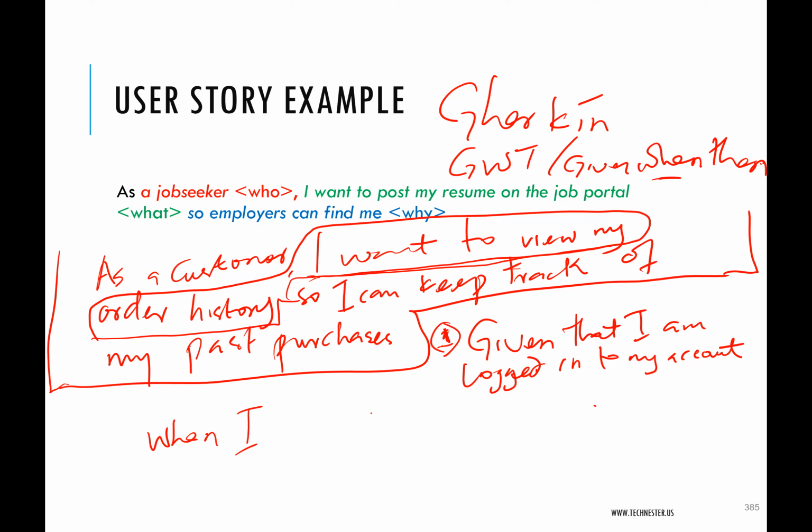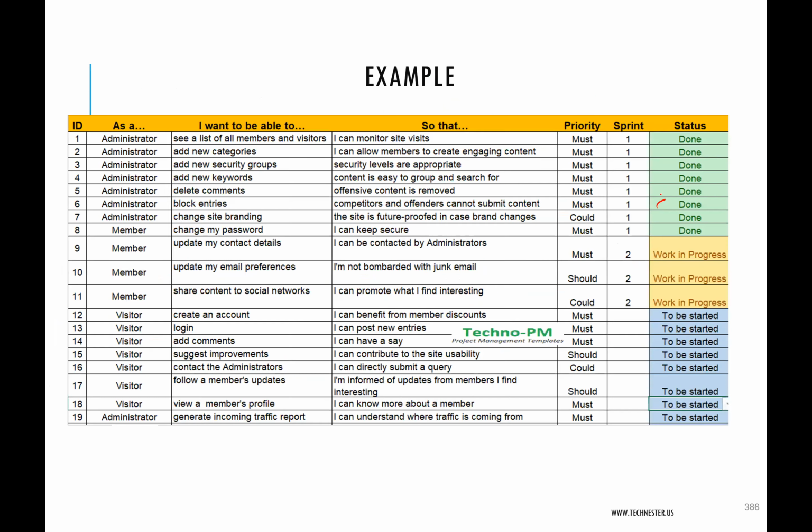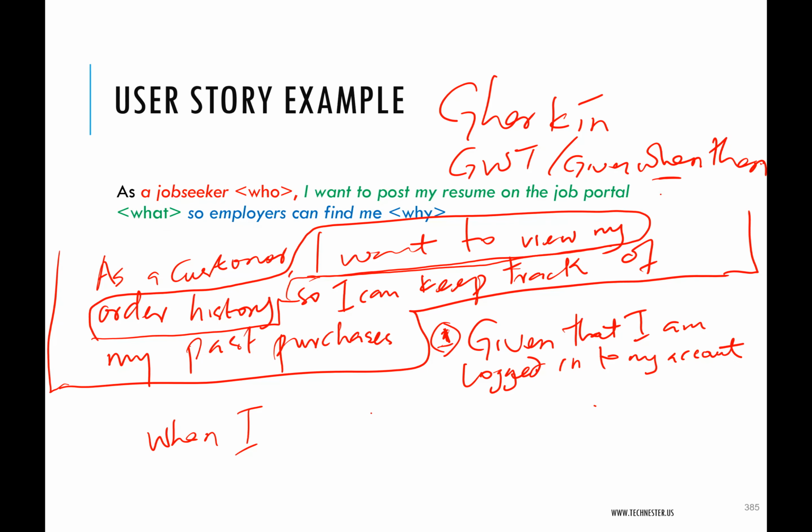Like I said, that was a good attempt. But you want to talk about what the customer would do, right? Not what they want to do anymore. We have talked about what they want to do here. Now we have to say what they will do. So let me just complete this example.